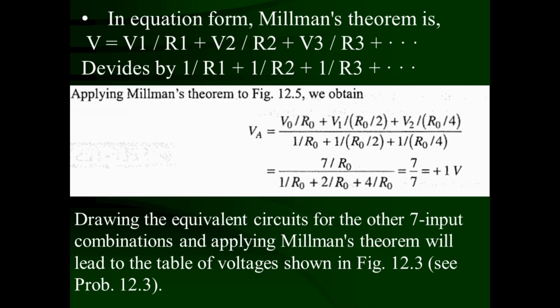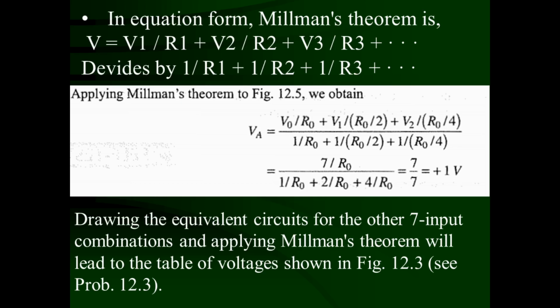Applying Millman's theorem to figure 12.5, we obtain VA is equal to V0 upon R0 plus V1 upon R1, where R1 is equal to R0 by 2, plus V2 upon R2, where R2 is equal to R0 by 4, divided by the conductance 1 upon R0 plus 1 upon R1 plus 1 upon R2.